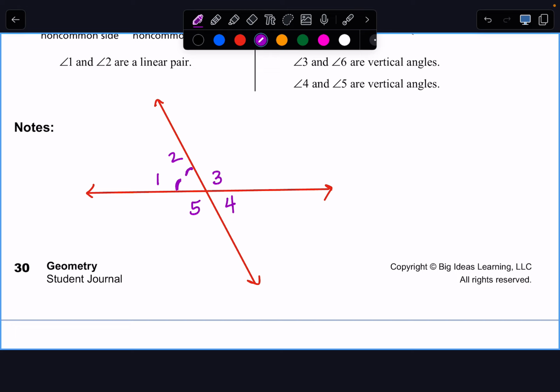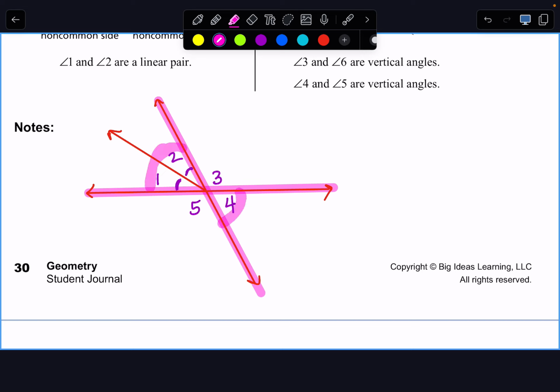The 4 happens to be because it's 1 plus 2 together. Do you see what I'm talking about? If I add 1 and 2 together, it equals 4 because of the opposite rays. Like this would be congruent to this. Oh, those are the ones that add up.